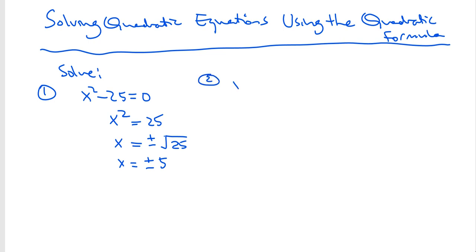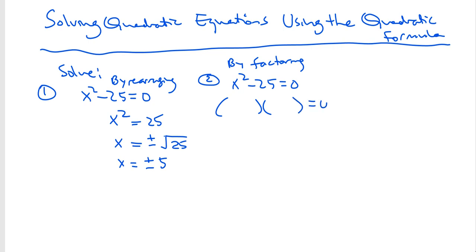Now, another way to solve the same question is solving by factoring. So this is called by factoring, and this is called by rearranging. If you solve this by factoring, I'm going to factor the left side. The left side is a difference of squares, so I factor it into x plus 5 and x minus 5.